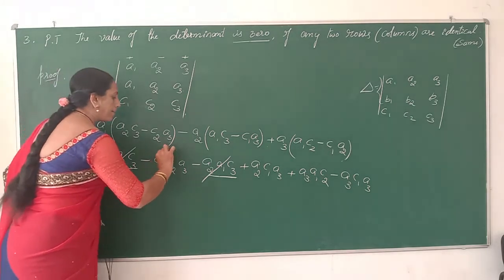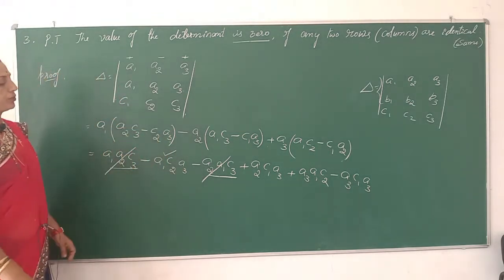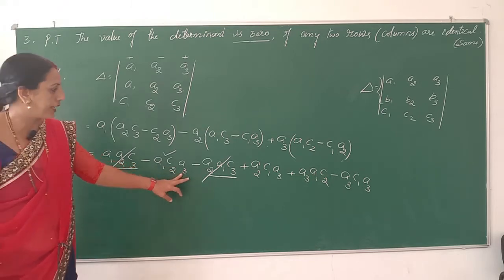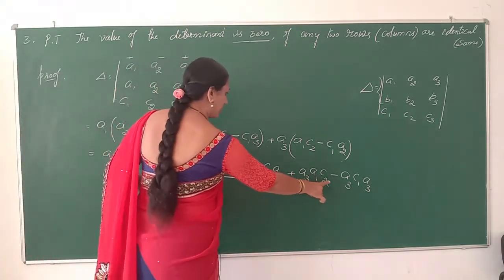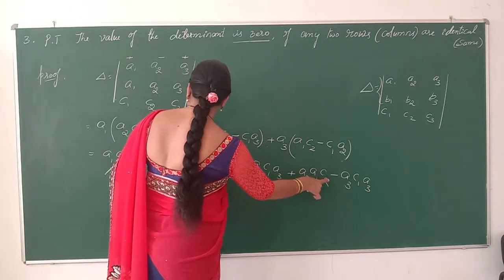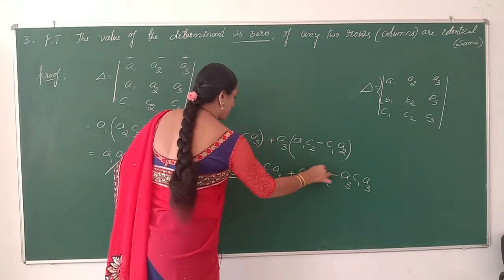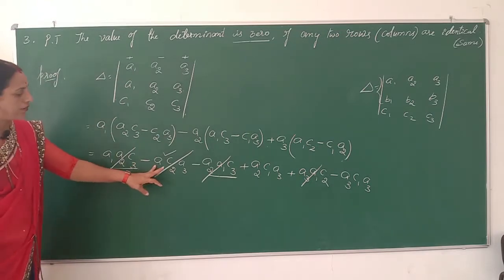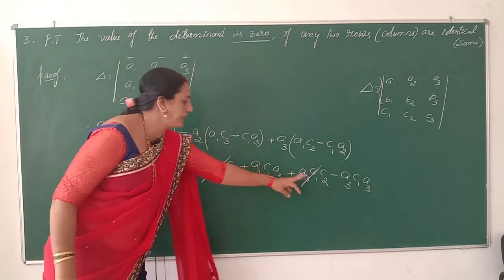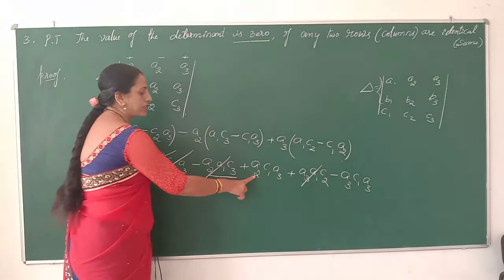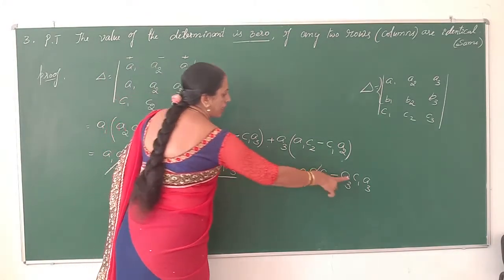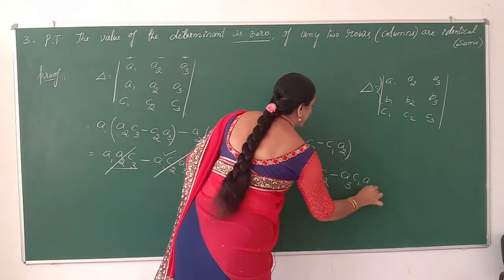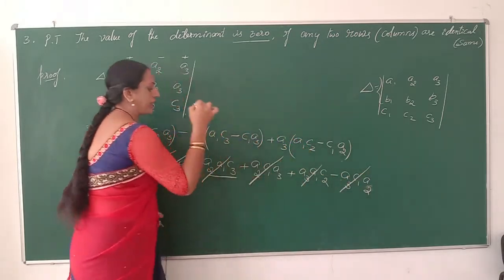Similarly, minus a1 c2 a3 and plus a1 c2 a3: one is positive and the other negative, so they get cancelled. The third one, plus a2 c1 a3 minus a2 c1 a3, these two get cancelled.